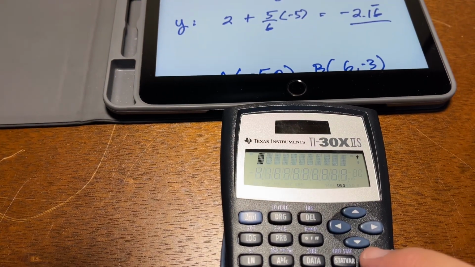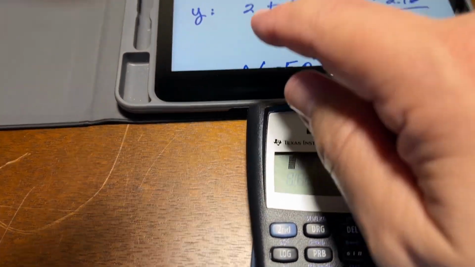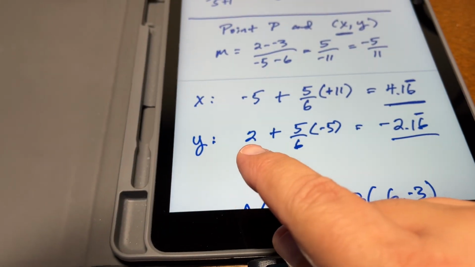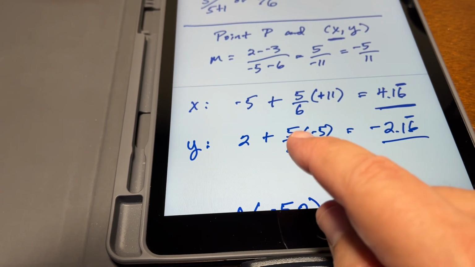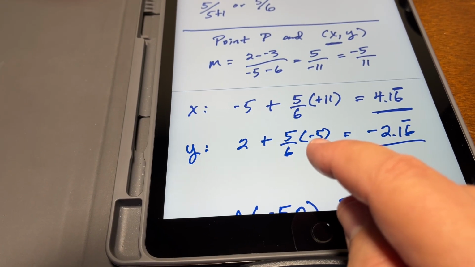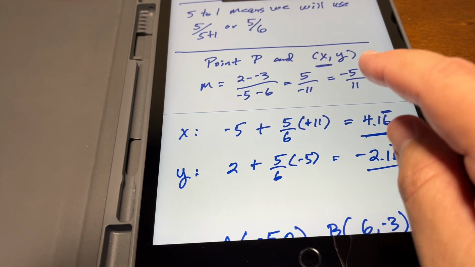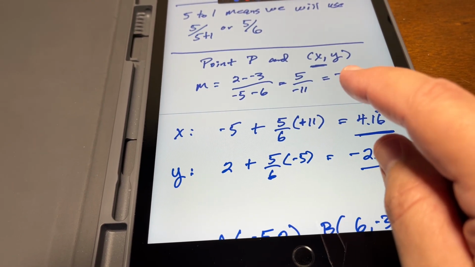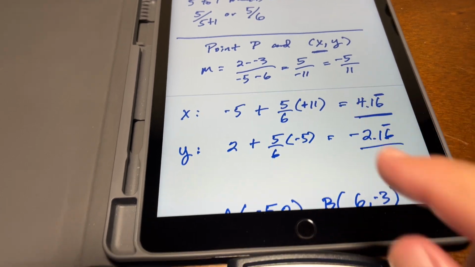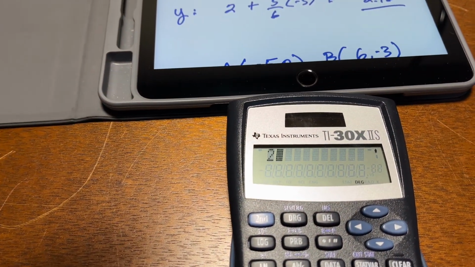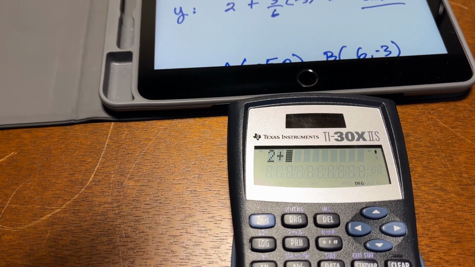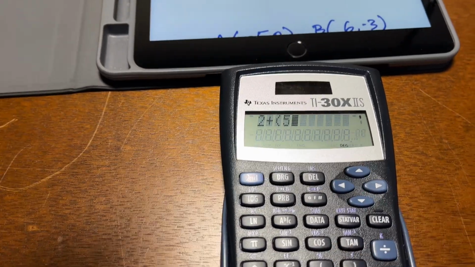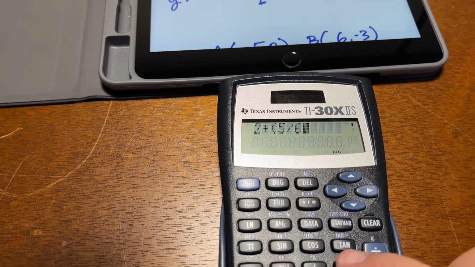Now I'm going to clear that out. And the next thing I want to do is take the Y value on the A point and add 5/6 times the slope number on the top, the Y value on the top. So I multiply 5/6 times -5, because that's the -5 up there. And look at how I would do that. I would go 2 plus, and in parentheses, 5 divided by 6.